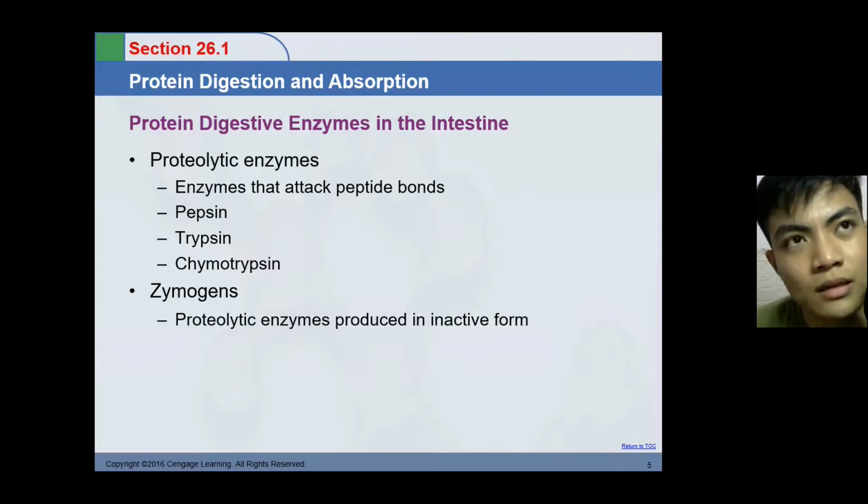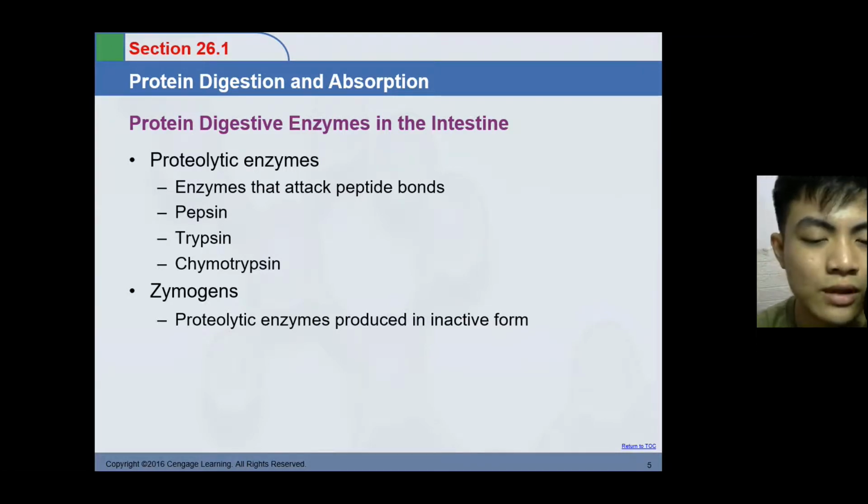Pero pagdating ng intestine, dun mas nagiging complete yung digestion natin. As your food goes down the intestine, marami tayong enzymes doon, such as the pepsin, trypsin, and the chymotrypsin. Pag na-release yan sa ating food, it will further degrade your peptide bonds para siya ay maging individual amino acids.